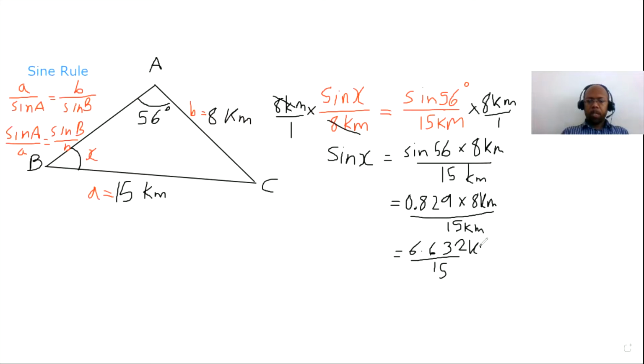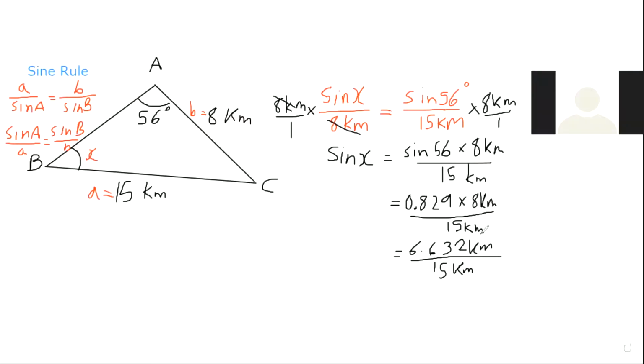But watch what happens to these km's here. Km over km, what happens to that? Mathematically, what will happen to those km's? Actually, only one would stay if this was km squared divided by km.